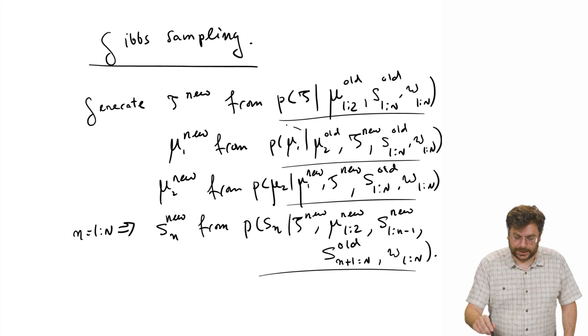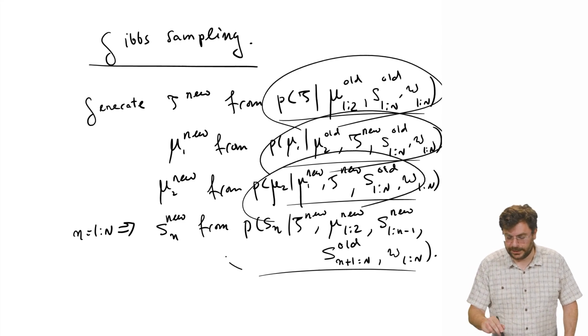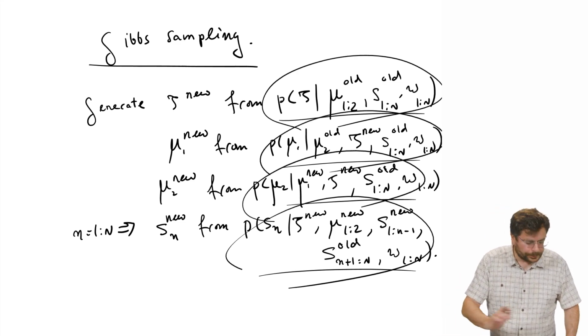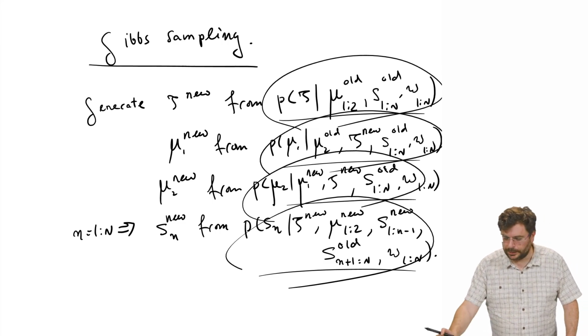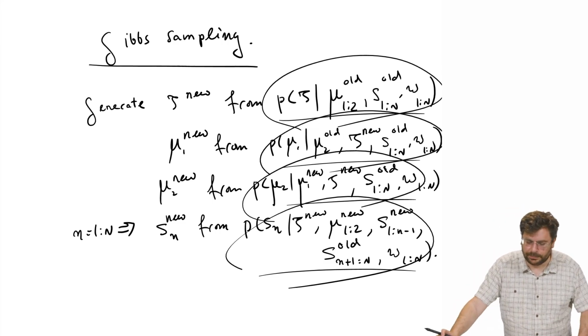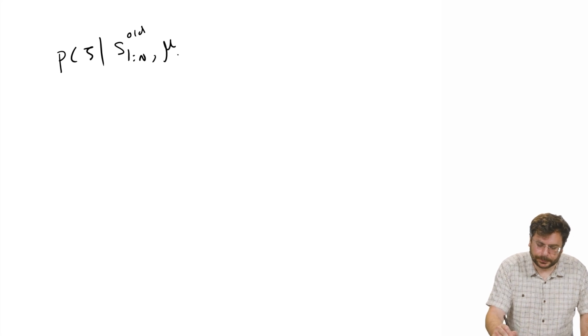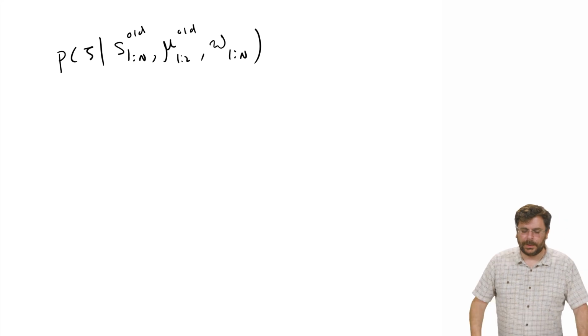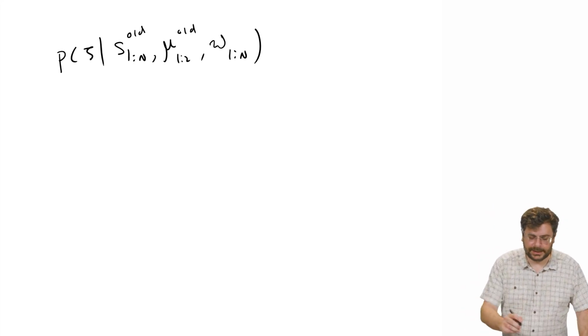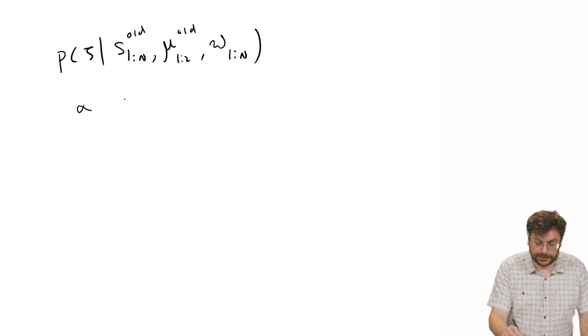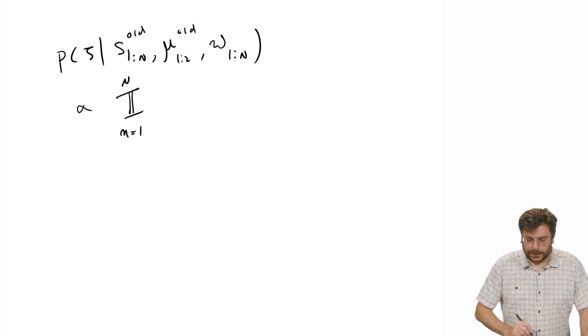So the real question then becomes, how do I obtain this, this, this, and that? So let's go ahead and show how we obtain each of these distributions very briefly. So P of tau, given S1 to n old, mu1 to 2 old, and the data is once again going to be obtained from the data.